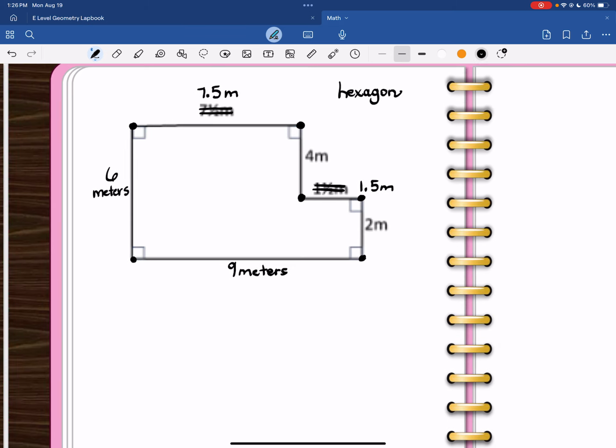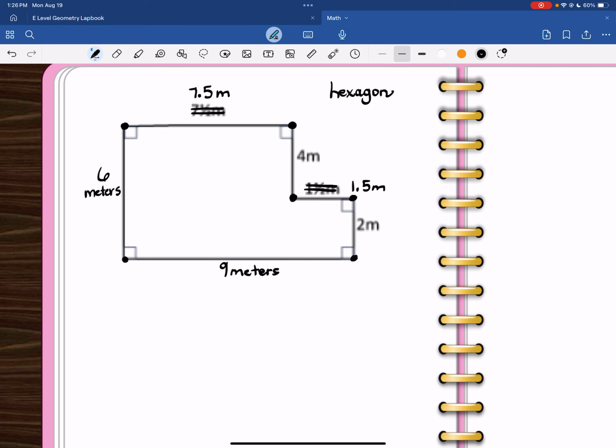And now I have 6 numbers. So the perimeter is 7.5 plus 4 plus 1.5 plus 2 plus 9 plus 6. And use your calculator on this addition if you need it.